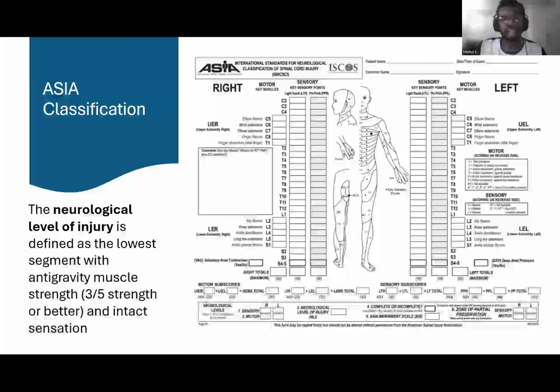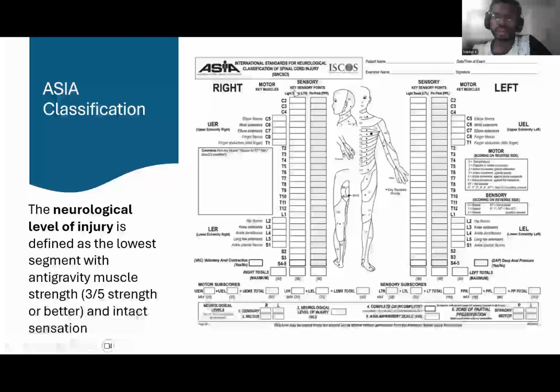And this is the form for doing the ASIA classification. In the center here, you have a dermatome map drawn, so you'll have an idea about where to test all of these things. Here you have the sensory examination, both on the right side as well as the left side. This is divided into both light touch and pinprick.